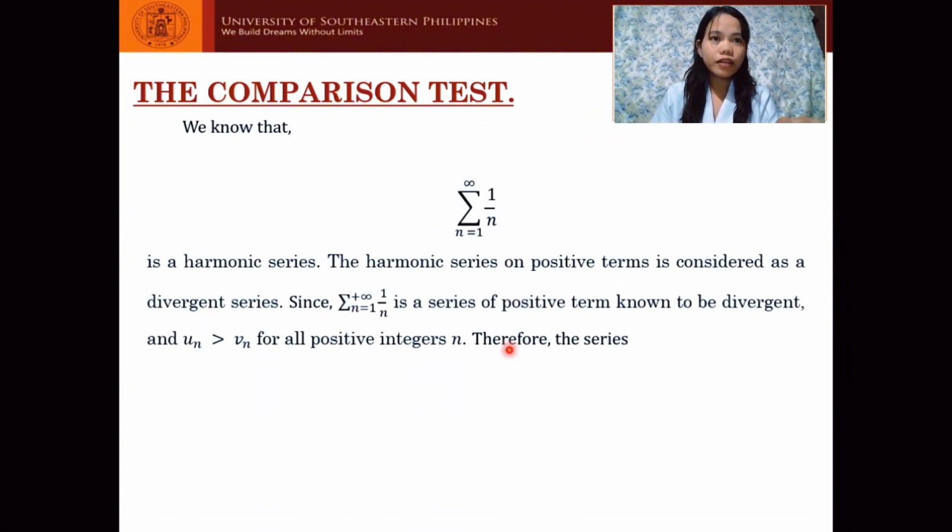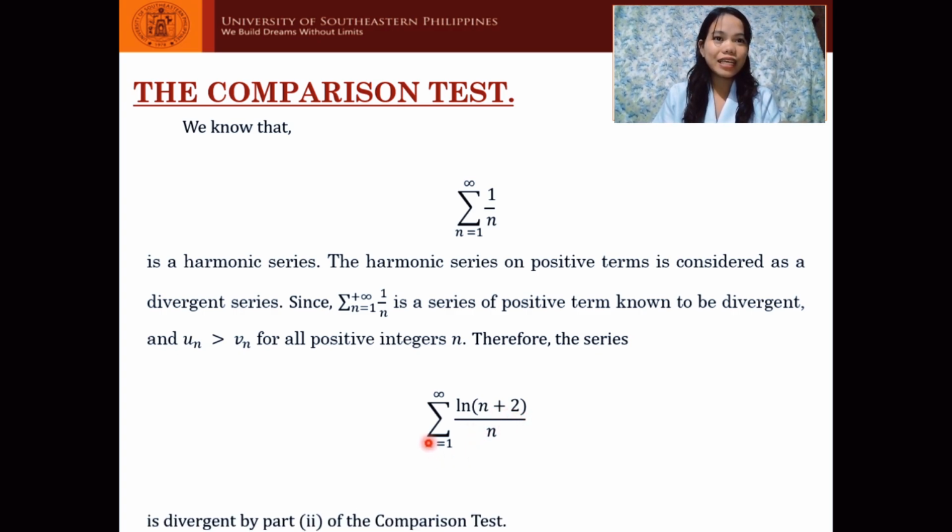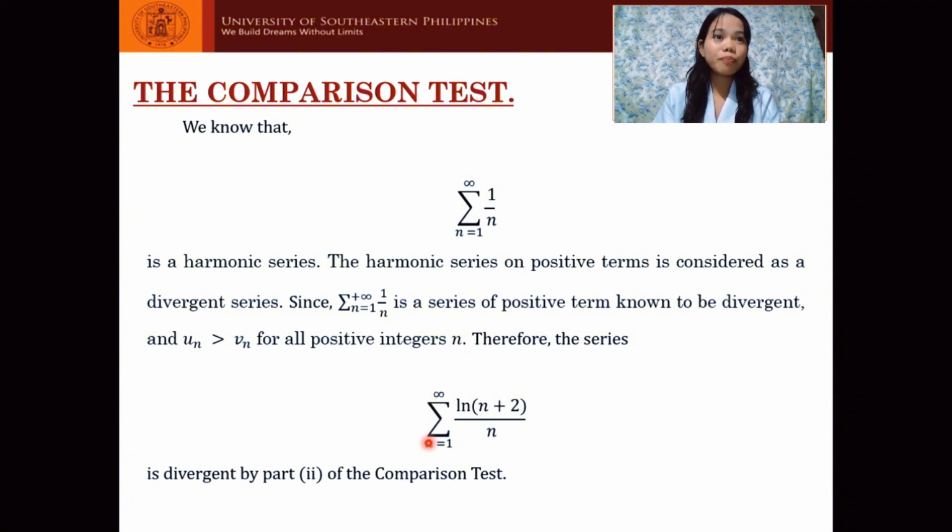So therefore the series, such that the summation of the natural log of n plus 2 over n ranges from 1 to positive infinity, is divergent by part 2 of the comparison test.